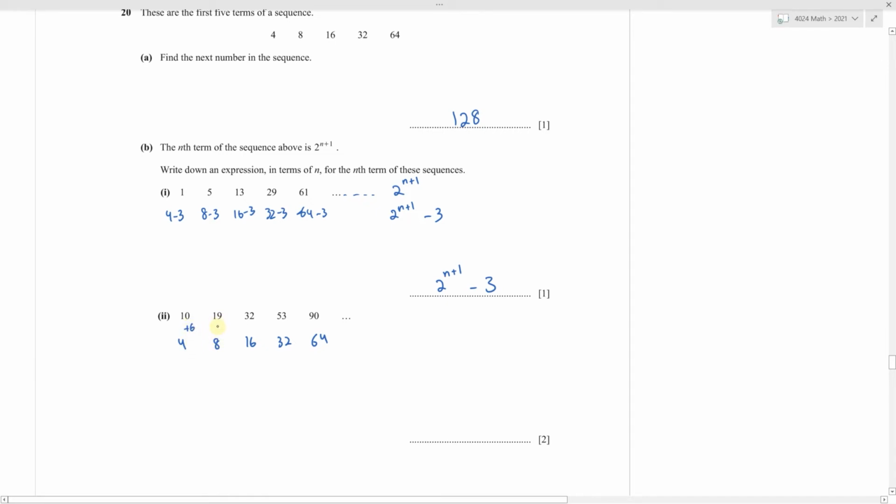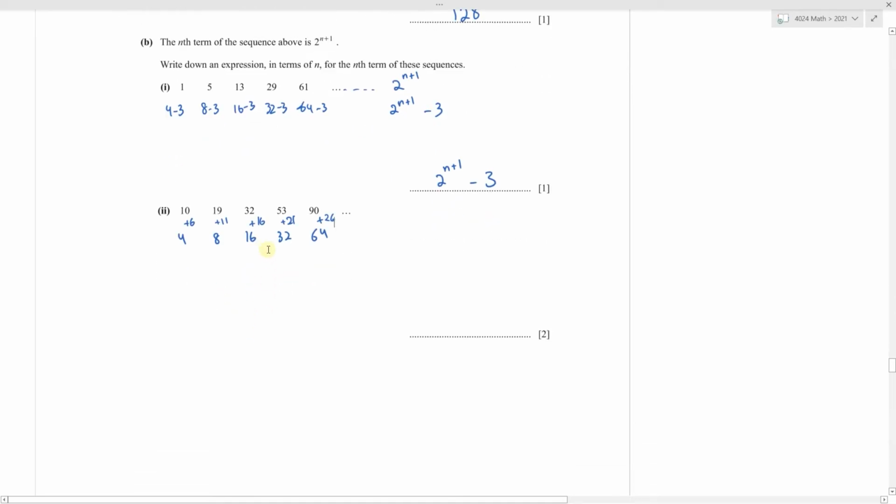Then I'm adding how much? 11, 19, and then 16 plus 16 is 32, and then 32 plus 21 is 53, and then 64 plus how much should I add here? 26. So in the first term you add 6. In the second term you add 11. In the third term you add 16.